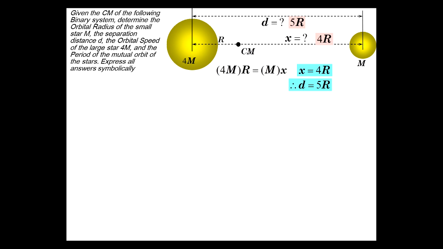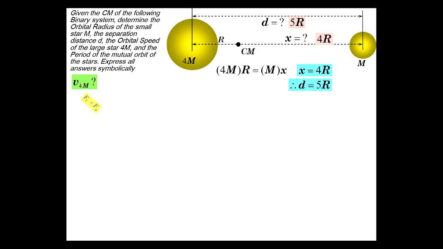The orbital speed of the 4m. This one, this orbital speed, is going to be obviously more. So it's got to go, well, 4 times the distance in the same amount of time. So it's going to go 4 times as fast. But I'm getting ahead of myself. What's the speed of this one?